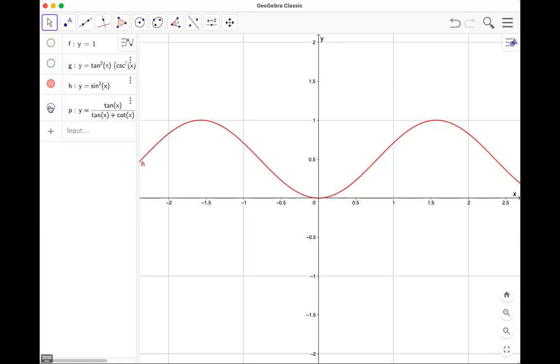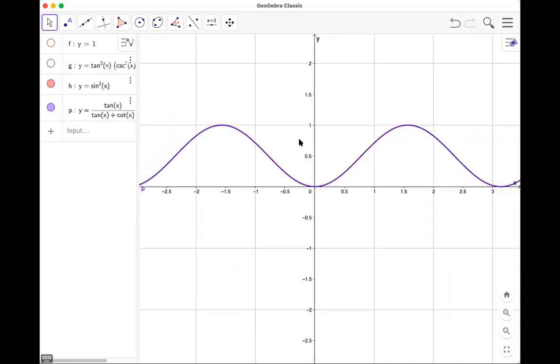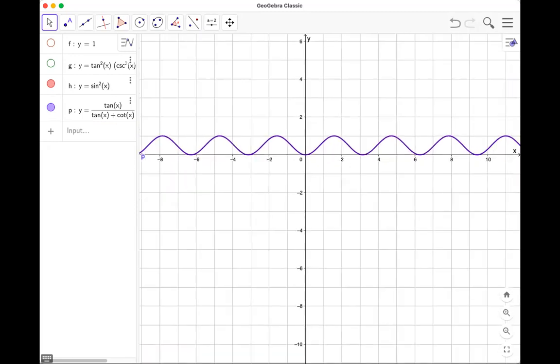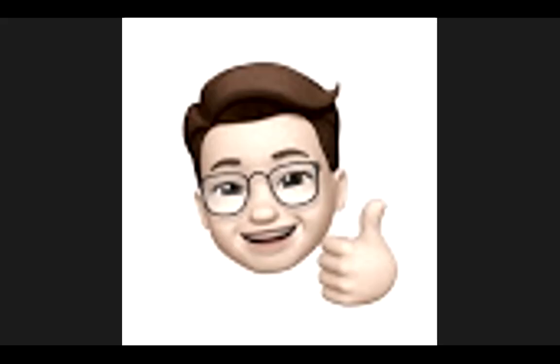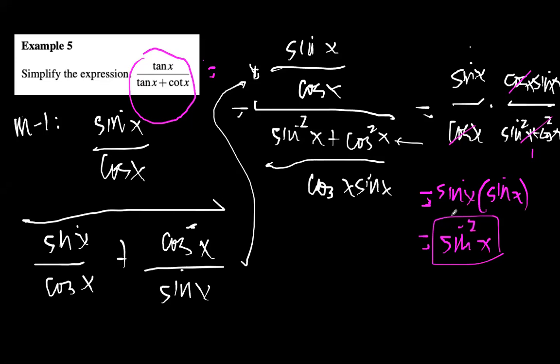So, ito yung graph ng sine square x. Ito rin yung graph ng original function. And look at them. They are coinciding. Diba? So, therefore, our answer is correct. I mean, hindi pala nakashare. Sorry. So, therefore, guys, the sine square x is correct. Did you get that? Opo.